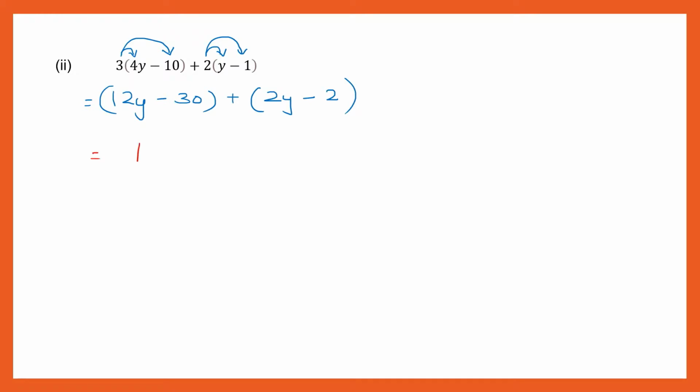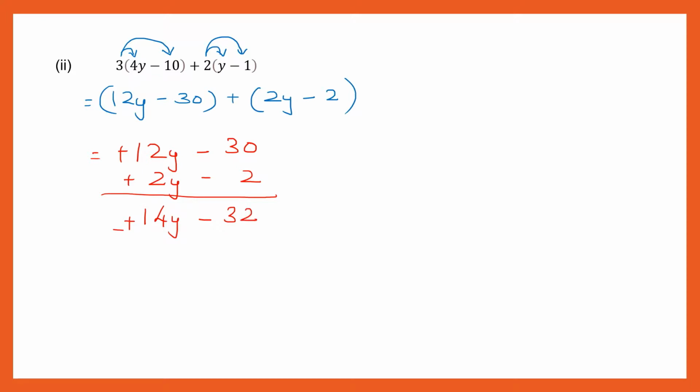So I have 12y minus 30. Let me write 2y minus 2 below that, and we're adding up these. Signs are the same. Add it up. 12 plus 2 is 14y. Signs are the same. Put the same sign and add it up. Plus 14y minus 32.